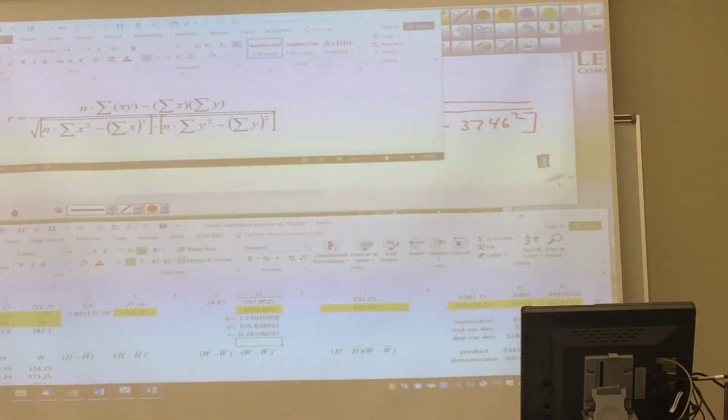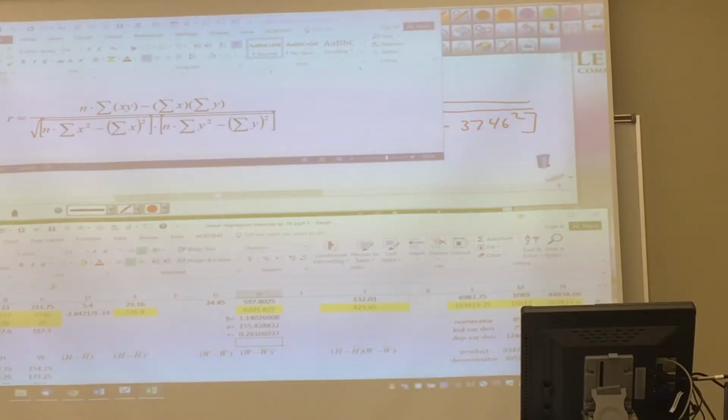Basically what that says is 28% of the dependent variable weight is predicted by the independent variable age, which means that this is almost a worthless model. The linear regression in here I would never use, because that R is just way too small.